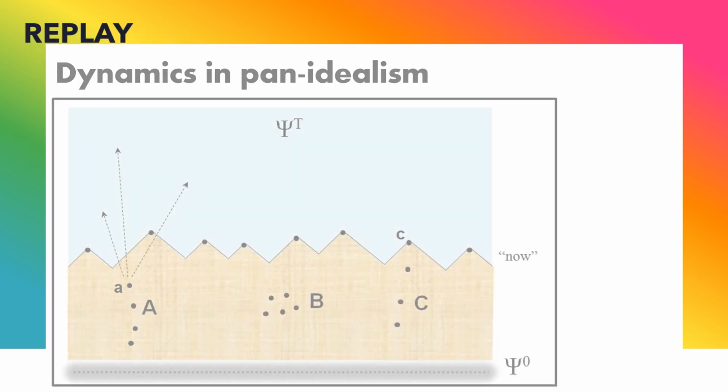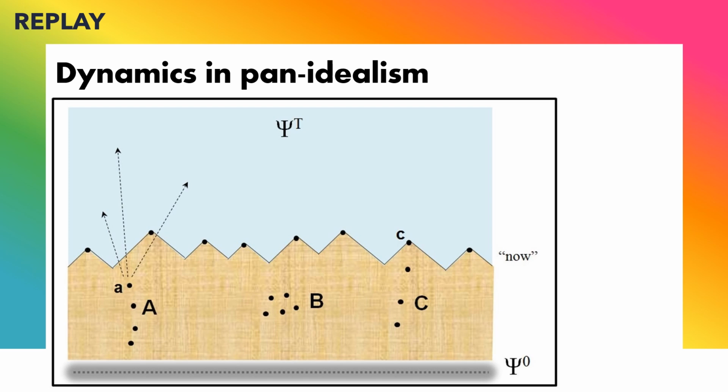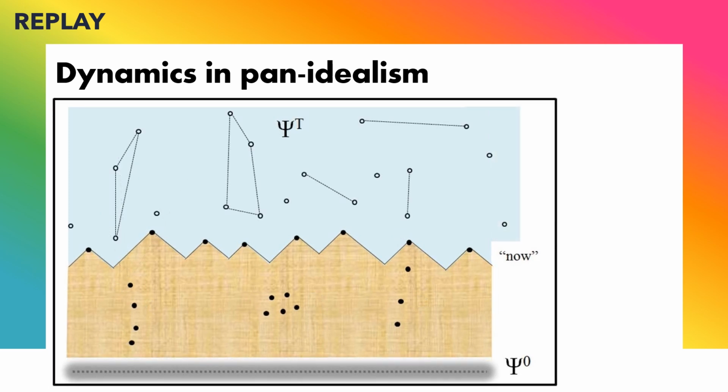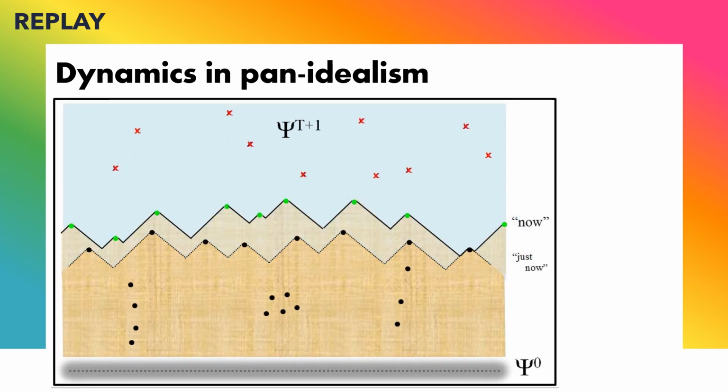I'll replay this sequence briefly so you can review it. Cosmic time t. Each agent attempts to act. Cosmic time t+1. You can go back to review this.